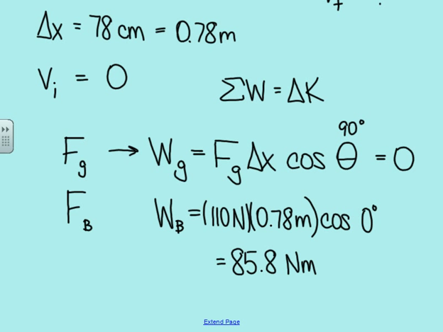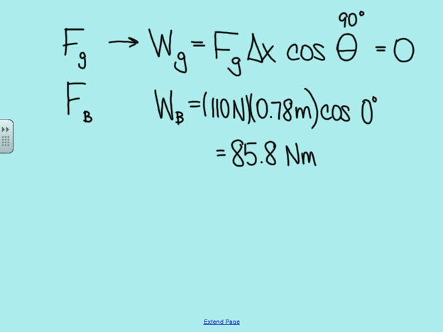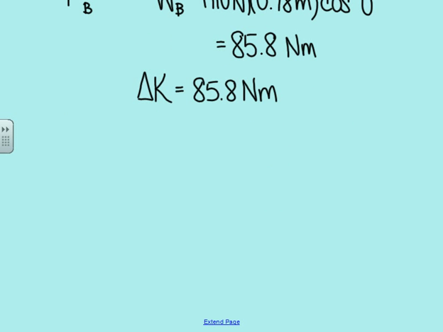That has to be equal to the change in kinetic energy, because that's the only work being done. So the change in kinetic energy is 85.8 Newton meters. Change is always calculated by doing final minus initial. My object is not moving initially.